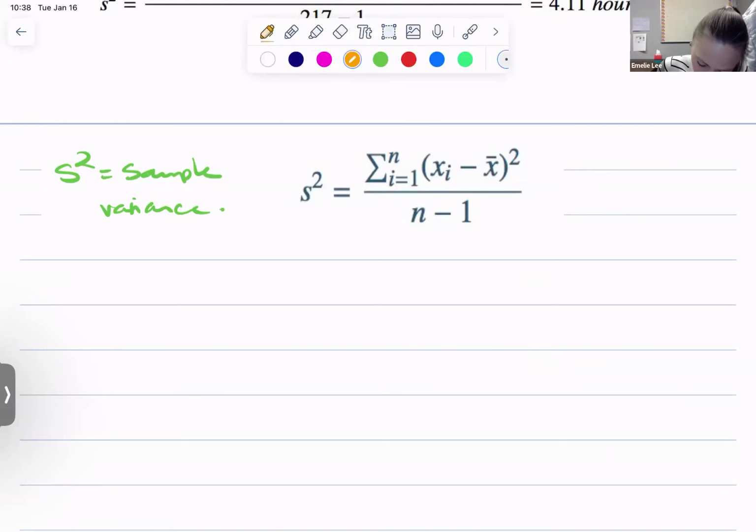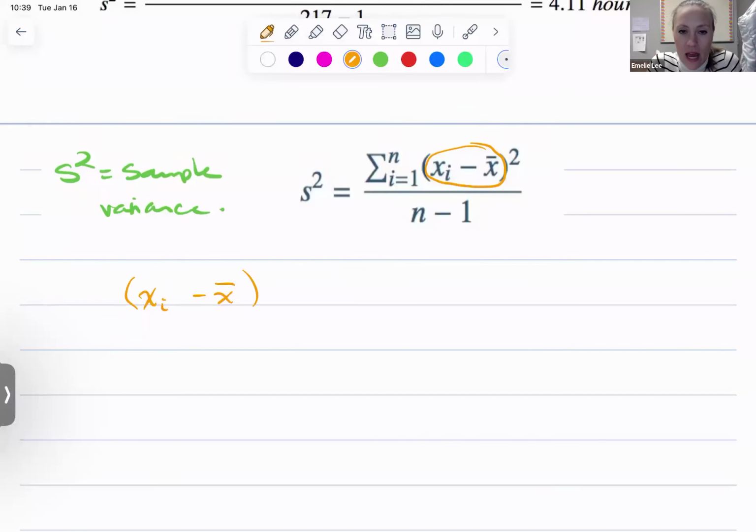Okay. So first thing I want to do is focus on x subscript i minus x bar, and just ignore everything else for a little bit. I'll put brackets around it. Okay.